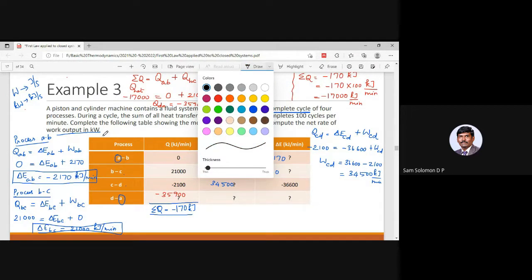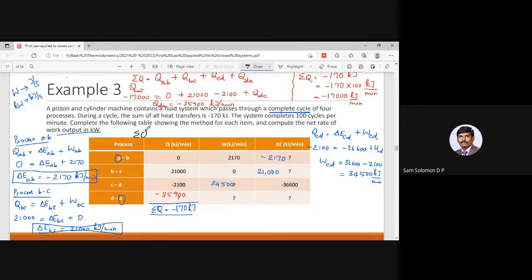For a cycle, what did we say? Summation of Q is equal to summation of work done. Yes. So for a cycle, summation of Q is equal to summation of W. This is a cycle. It starts with A, it ends with A. Is that clear?